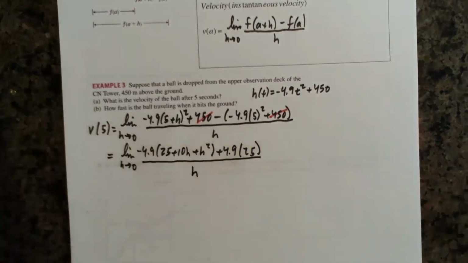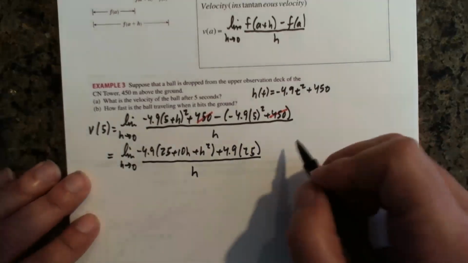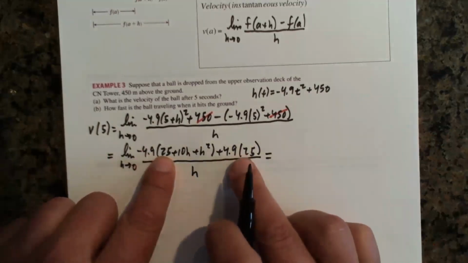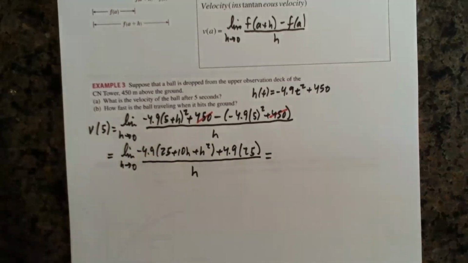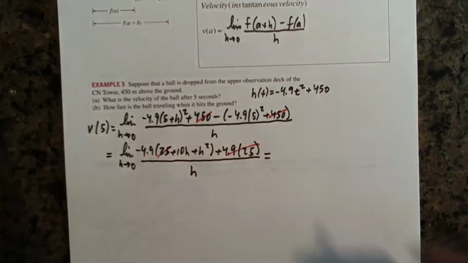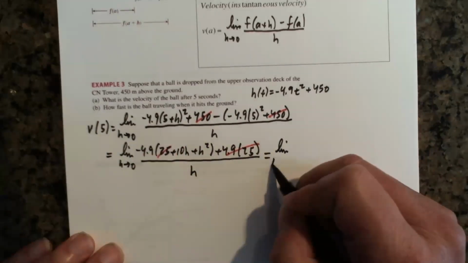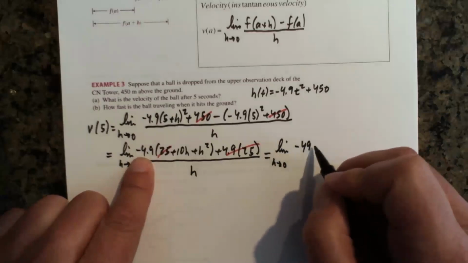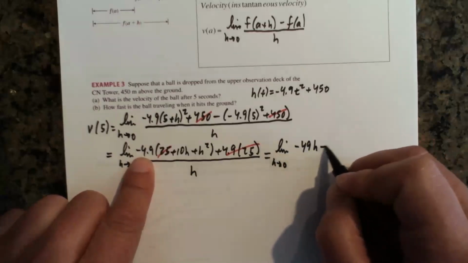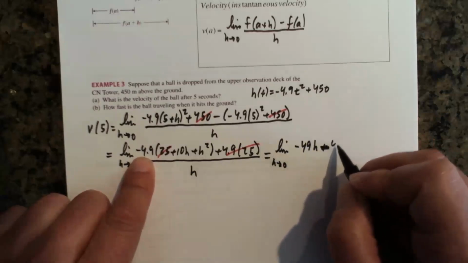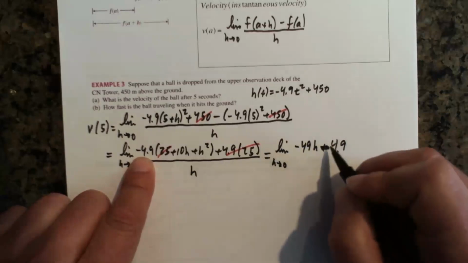For h. And what I'm going to do is notice negative 4.9 times 25 plus 4.9 times 25. Those are gone. And here I'm going to get negative 49h minus 4.9 squared.